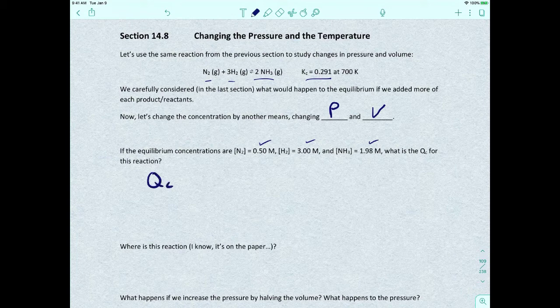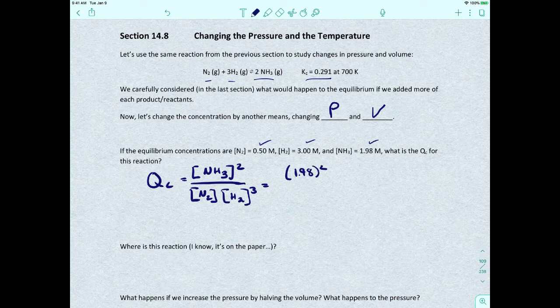So if we set this up and solve for Qc, the expression would be the concentration of NH3 squared divided by the product of the concentration of N2 times the concentration of H2 cubed. Okay, and if we put our numbers in, the concentration of NH3 is 1.98 squared divided by 0.5 times H2, 3 molar, cubed.